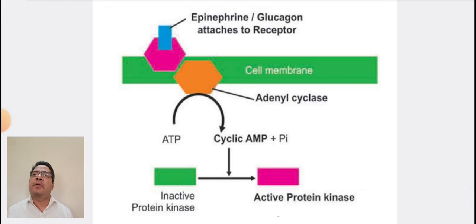In this diagram, you can see epinephrine or glucagon attaches to the receptor on the cell membrane and activates adenylyl cyclase, which leads to formation of cyclic AMP. This cyclic AMP increases active protein kinase.